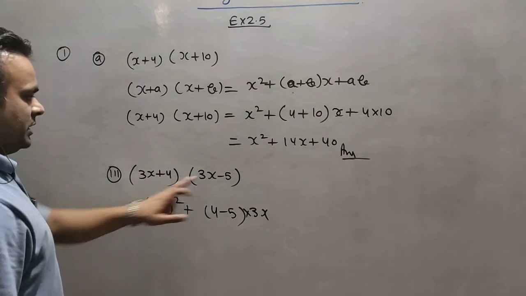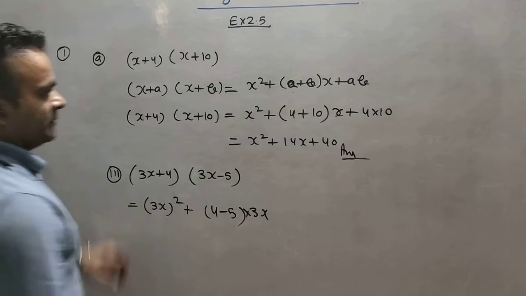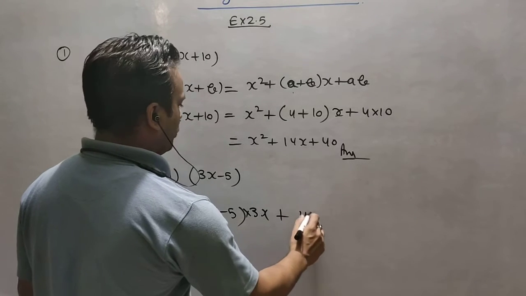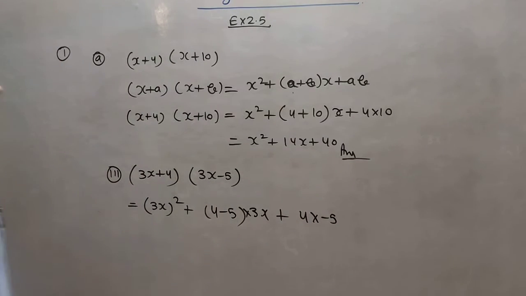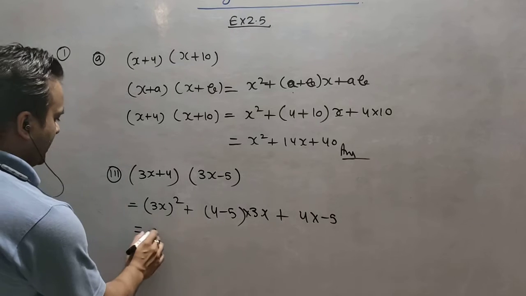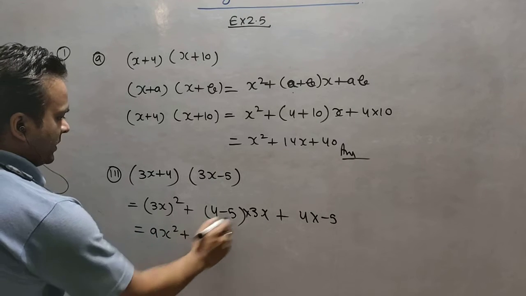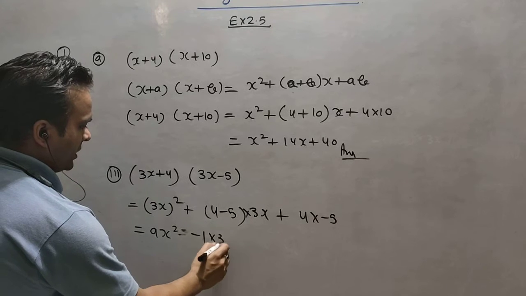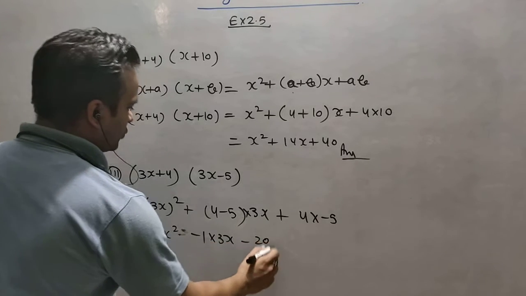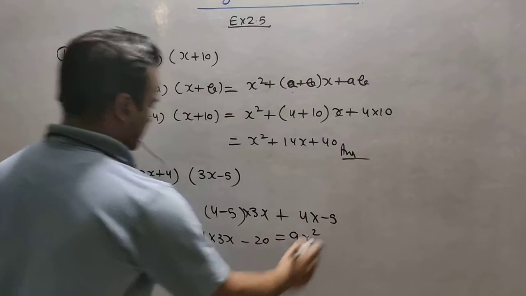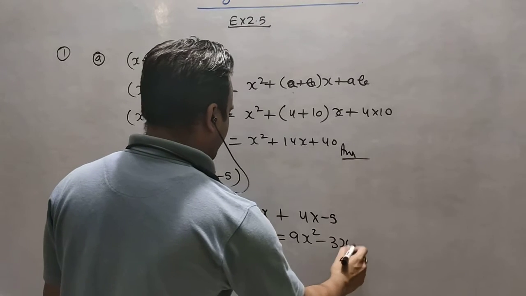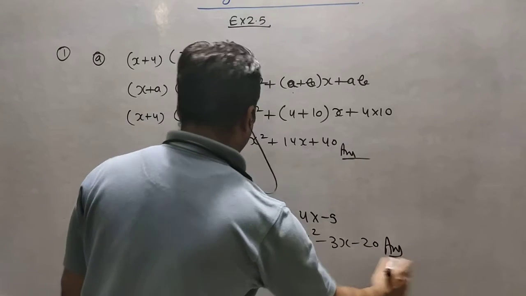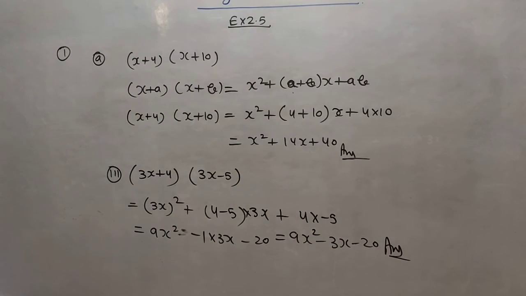Don't forget 3x is x here, plus 4 into minus 5, right? So it will be 9x square, and it is minus 1 into 3x, and it is minus 20. So finally the result will be 9x square minus 3x minus 20, right?